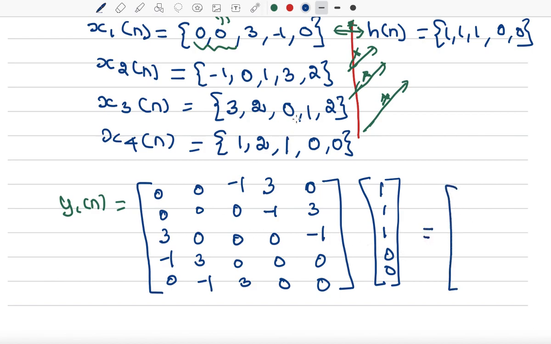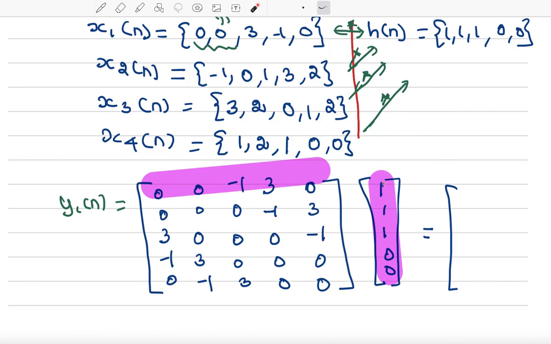How will you perform the matrix multiplication? The first matrix will be the first row and the column. That is nothing but 0 into 1 plus 0 into 1, minus 1 into 1, plus 3 into 0, plus 0 into 0.